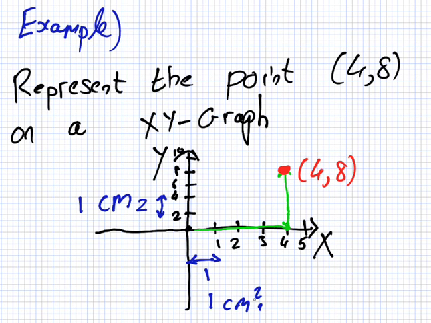It doesn't matter if the X and the Y are different. It only matters if you keep the X the same. For example, if 1 centimeter is 1, then it needs to be 1 all through. On the y-axis, if 1 centimeter is 2, that's okay, as long as you keep it 2.